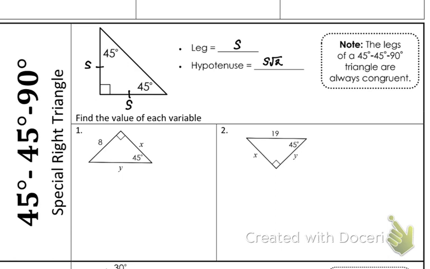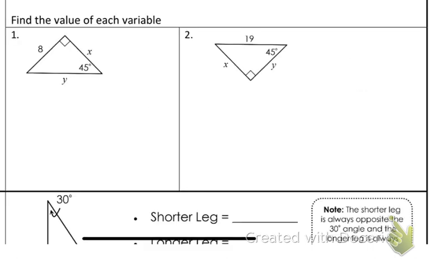So that's our thing. Now, remember, you don't have to use s's. I just don't like using x's because x's show up all the time and it can confuse people. When I get to a problem like this, we know this is 45, 45, 90 because this is 45, this is 90. If you do 180 minus 90 minus 45, that leaves you with 45.